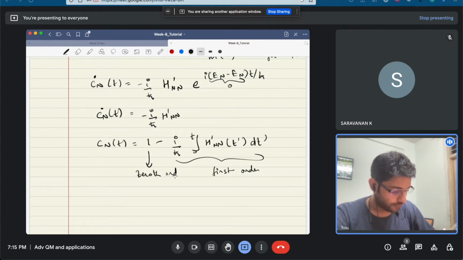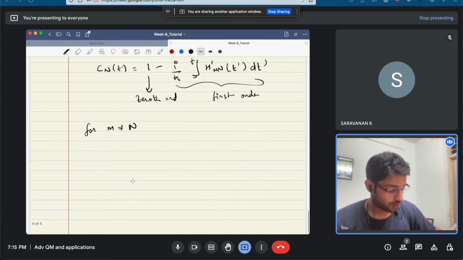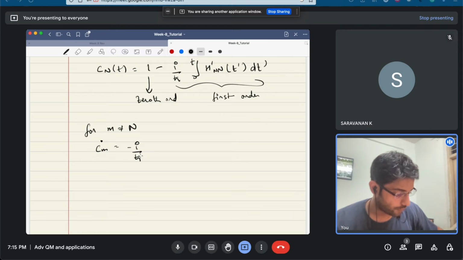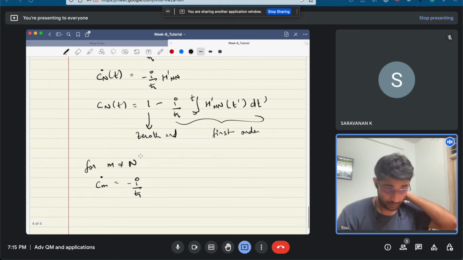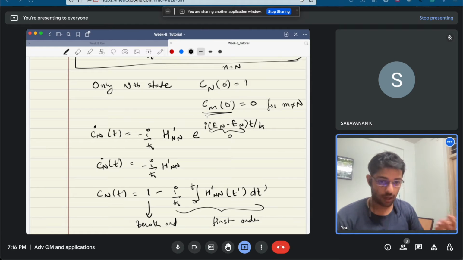Okay, so you have found the expression for Cn of t. Now for m not equal to n, your Cm dot is essentially written as minus i by h bar. From the summation only the n term remains, because initially all other Cm are 0.